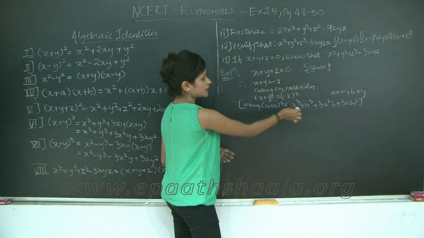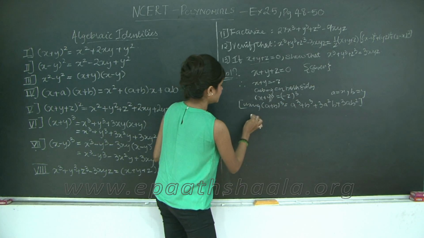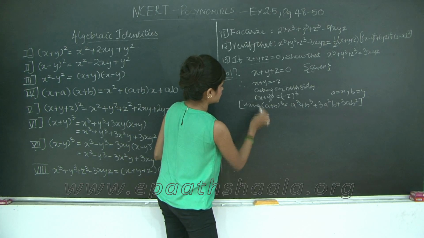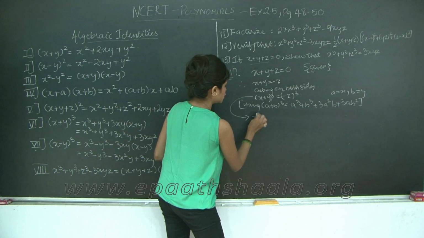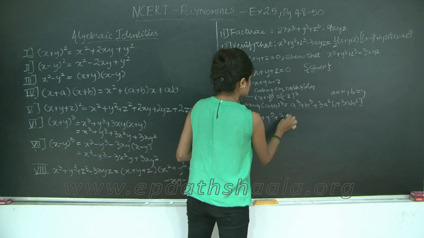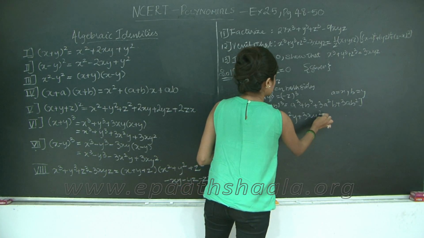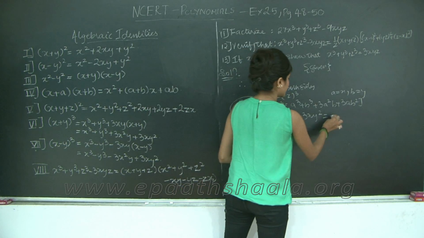So therefore substituting the value a is equal to x and b is equal to y in this identity, what do I get? This equation becomes x³ + y³ + 3x²y + 3xy² is equal to, now cube of any negative number is going to be negative, so −z³, right?